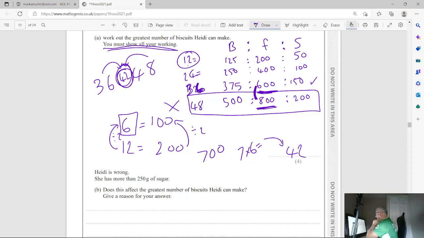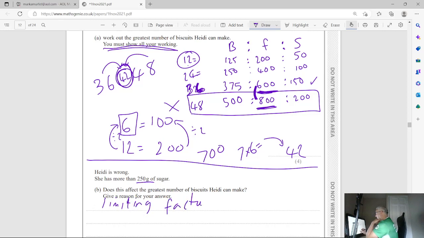Right. Second part. Heidi is wrong. So totally different to the question above. The only difference is she's wrong. She has more than 250 grams of sugar. Does this affect the greatest number of biscuits Heidi can make? Give a reason for your answer. Well, we've realised that the limiting factor was flour.